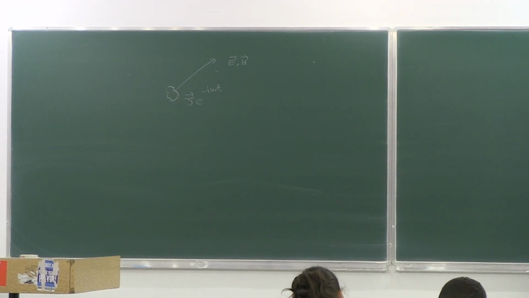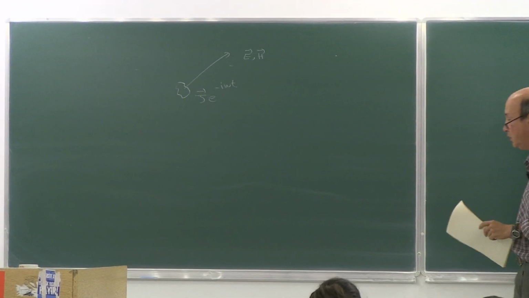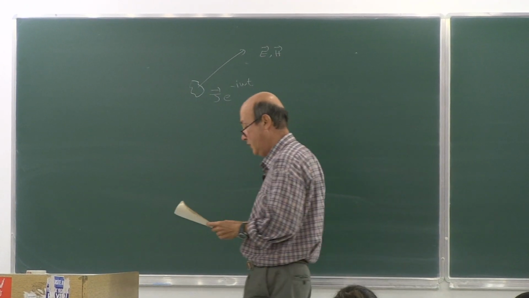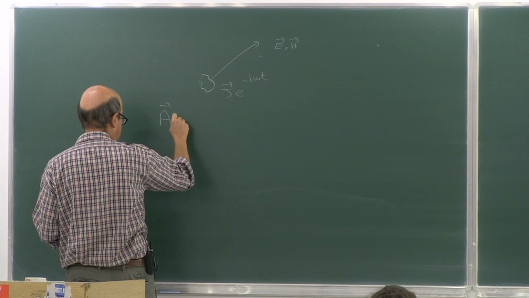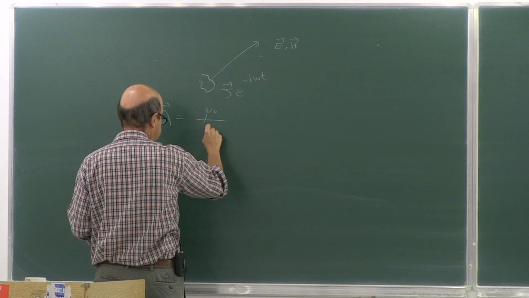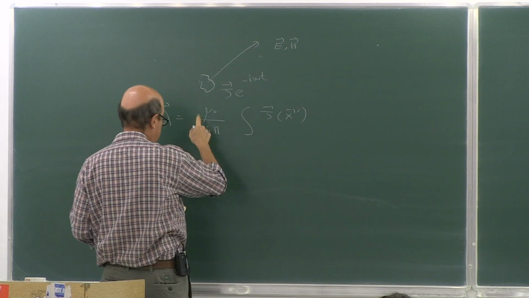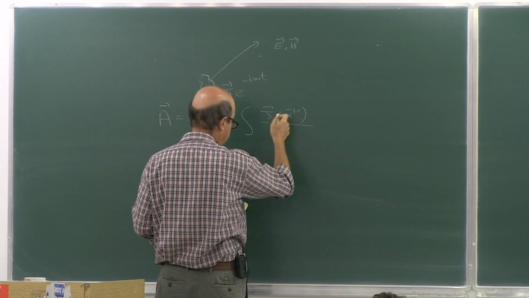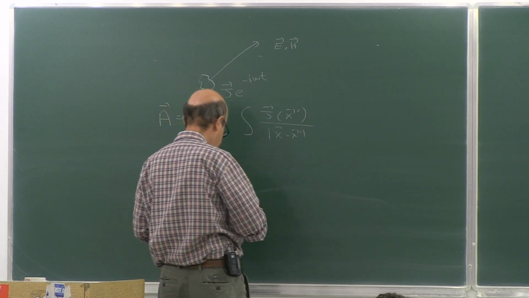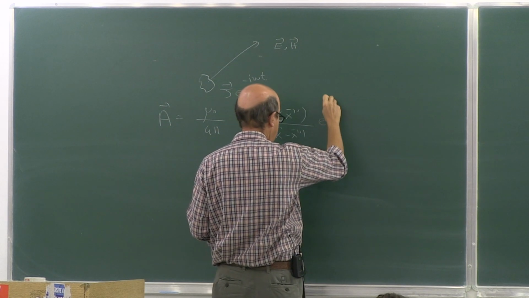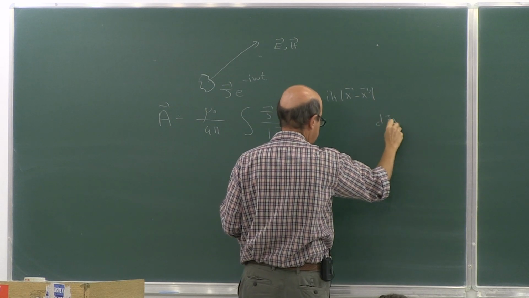So we use the Lorentz condition, and we know the solution of the non-homogeneous wave equations using the Green's function, and the vector potential is in the following form: mu 0 over 4 pi integral of current density over |x minus x prime| e to the i k |x minus x prime| d cubed x prime.